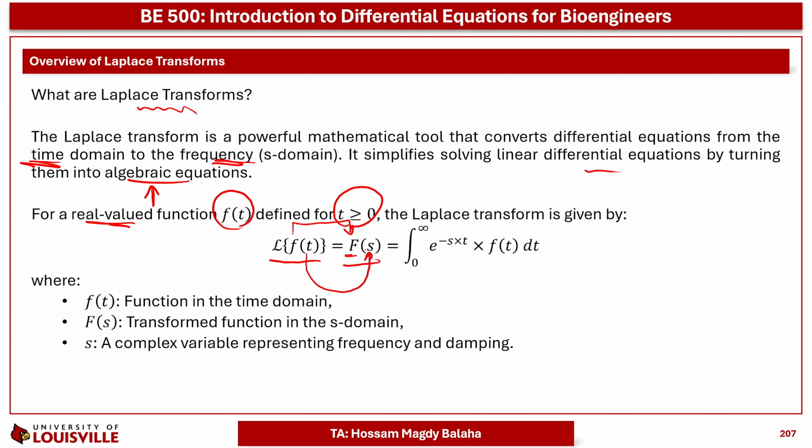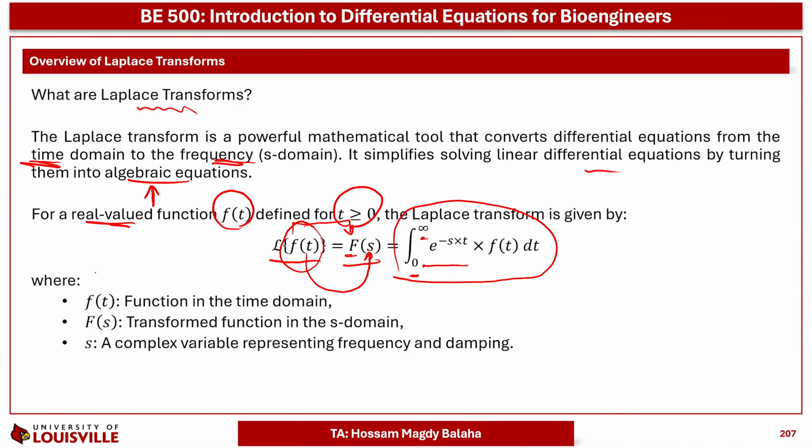This equals the integration from 0 to infinity, and we multiply the function by the exponential of negative st. We will integrate that to get the corresponding Laplace transform.